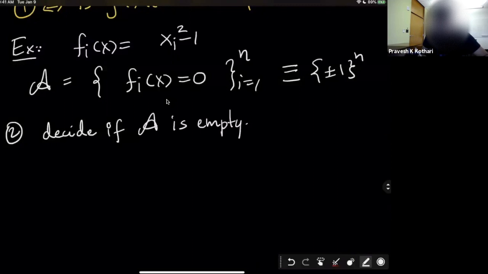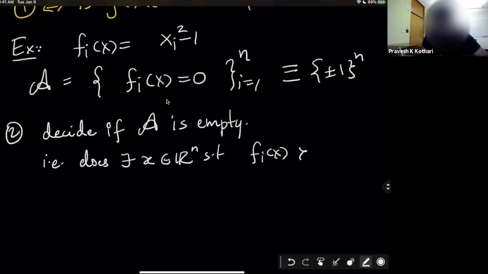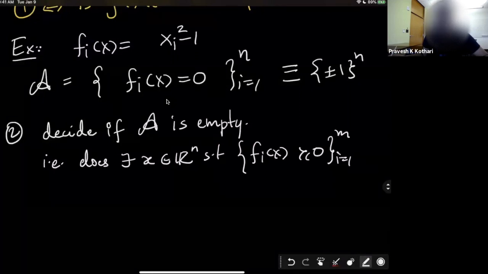That is, decide if there exists an x such that f_i(x) is equal to 0, i from 1 through m. So, as I already promised, I have only asked you one of the many trivial questions I'm going to ask you.